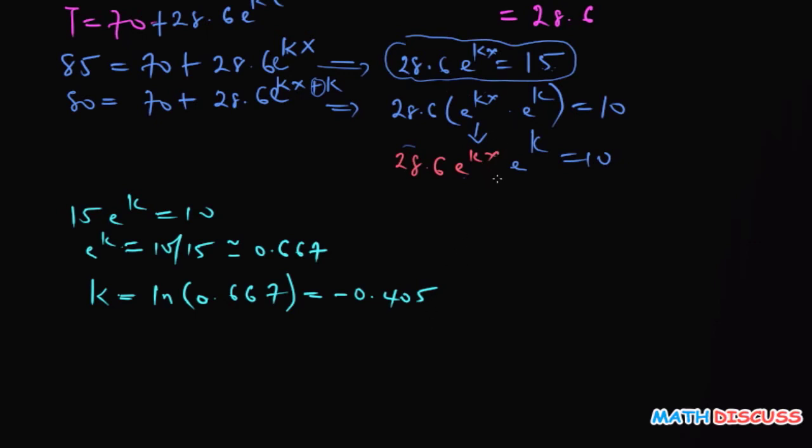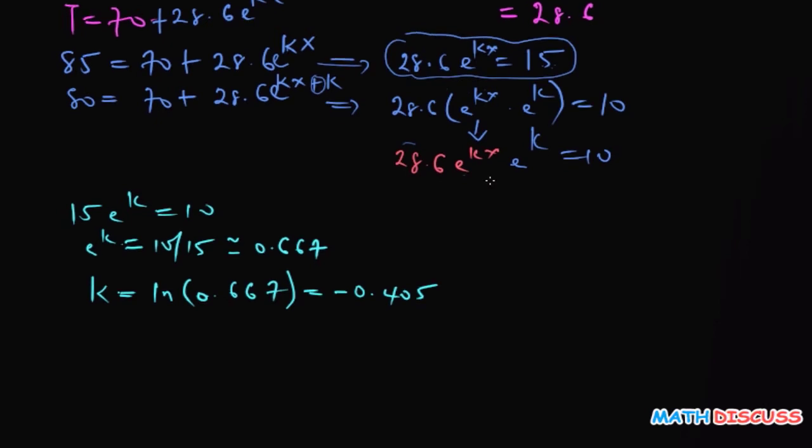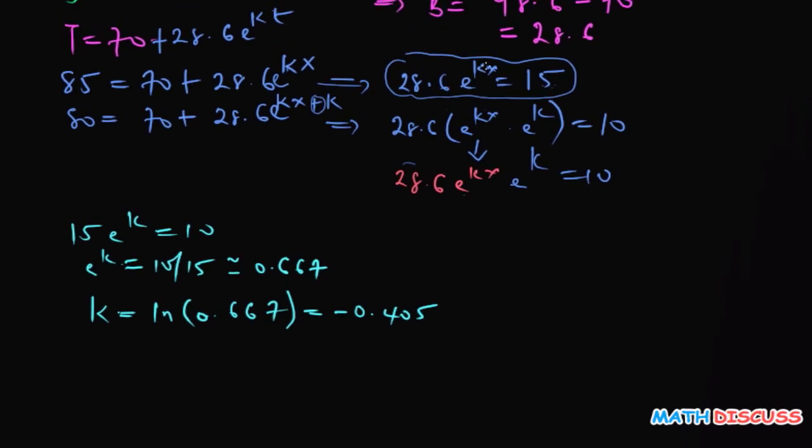Now since we have our value for k, we want to find x. So from here we can find x. Let me call this 2.1. So using 2.1, we have 28.6 e to the power k, and our k is negative 0.405x equals 15.